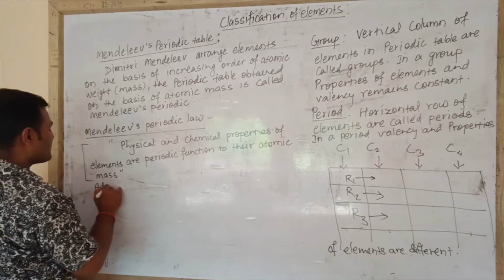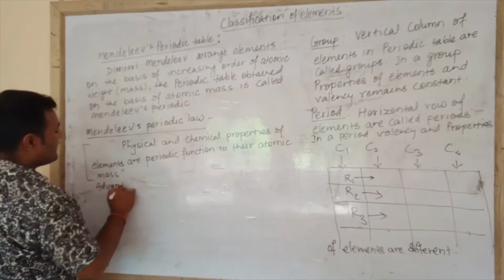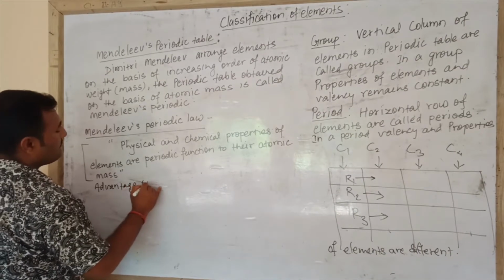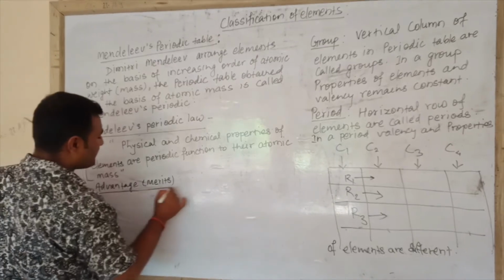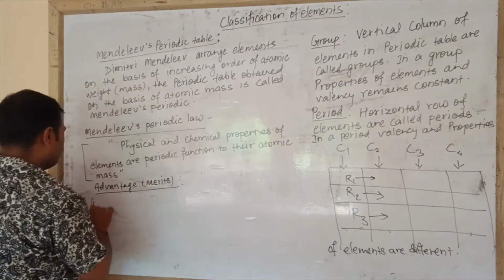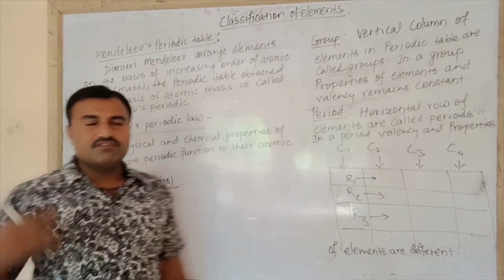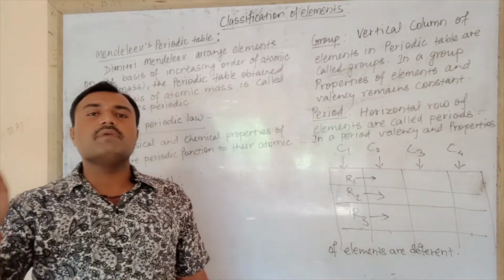Mendeleev's periodic law has different advantages and disadvantages. At first, we discuss the advantages, or merits, of Mendeleev's periodic table. Before Mendeleev, different classifications were made.